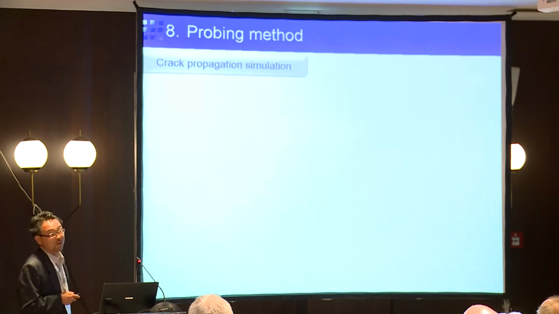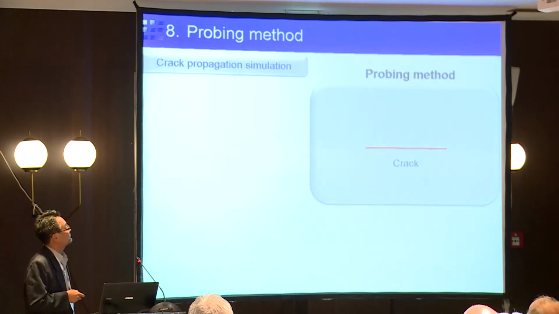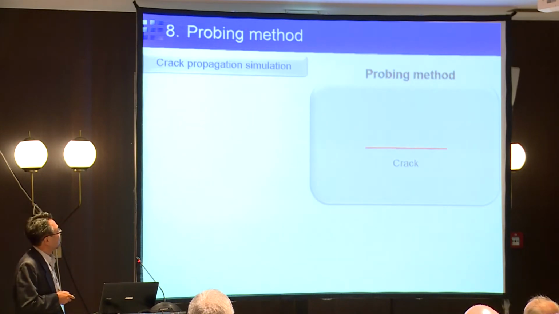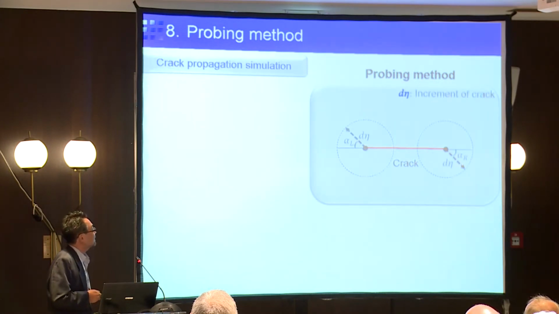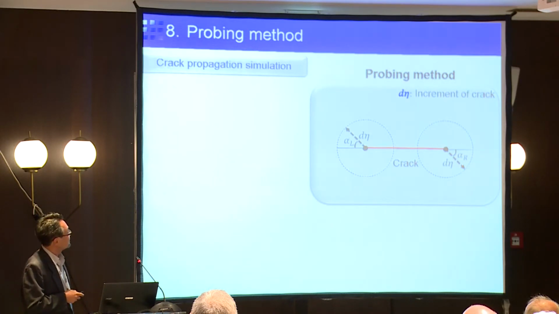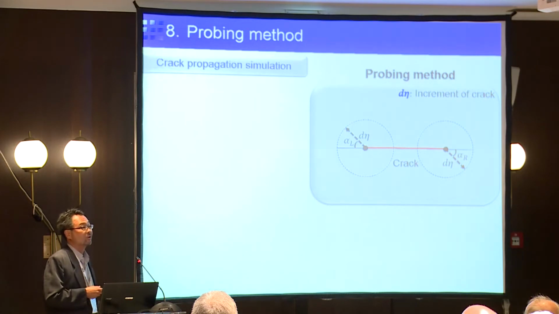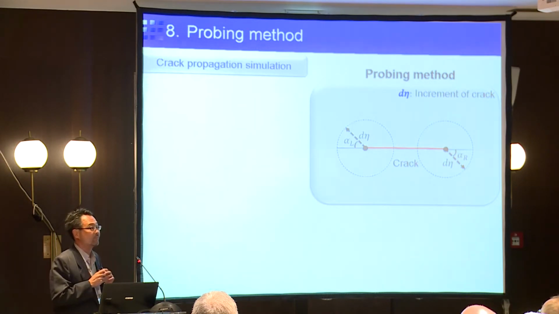For simulating the crack propagation, we developed a probing method here. If a straight crack exists in the elastic media as shown here, the tip of the crack is extended with the increment length of the crack d eta and probing angle alpha. So we need to adjust the probing angle to minimize the mode II stress intensity factor.